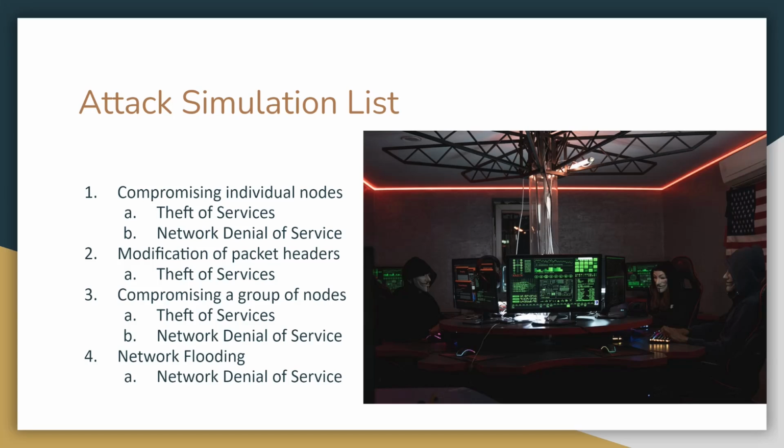The third attack, being quite similar to the first, differs in that multiple nodes are targeted rather than just one, and it contains theft of services and network denial of service. Our last attack concerns network flooding, whose goal was to send packets to multiple nodes at once with a higher frequency than all other nodes.